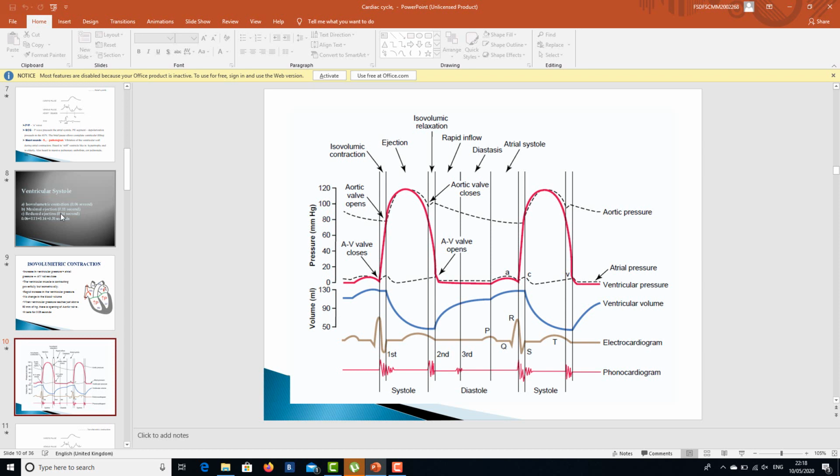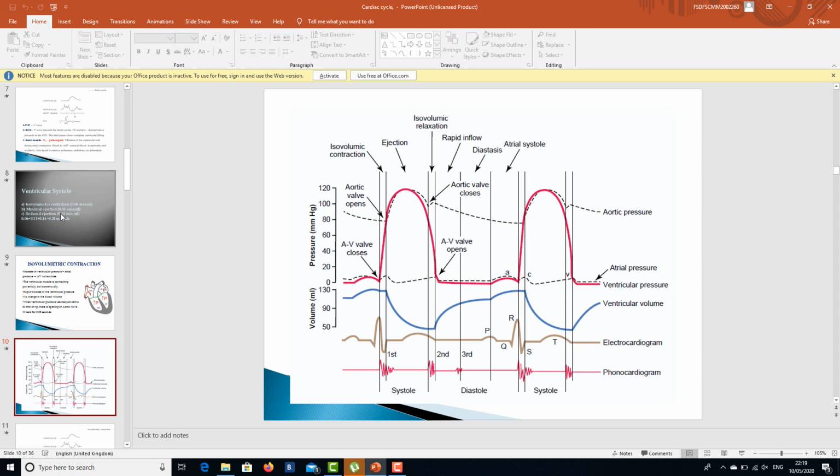You can see how the pressure is increasing, which was previously about 0 millimeters of mercury, and during this course of isovolumic contraction the pressure rises up to 80 millimeters of mercury, and there is opening of aortic valve, and then there is period of ejection, during which the pressure, which was increasing up till 120 millimeters of mercury, starts to decrease, and when it starts to decrease, there is closure of aortic valve.